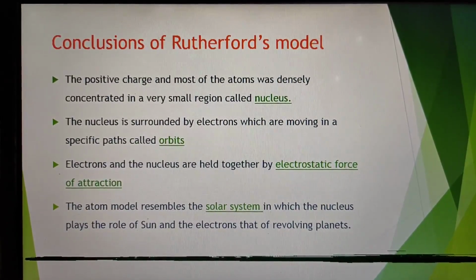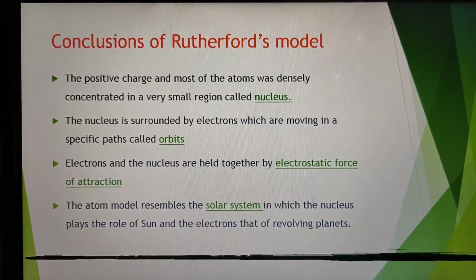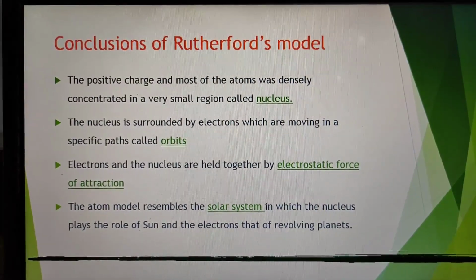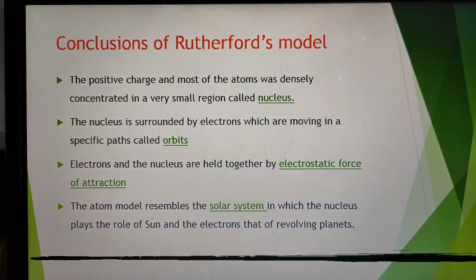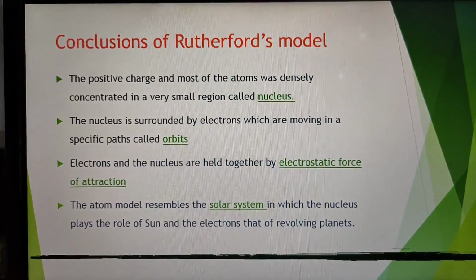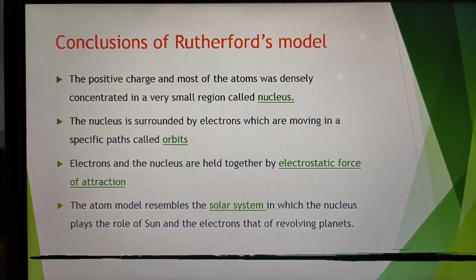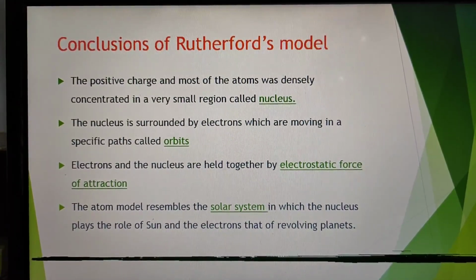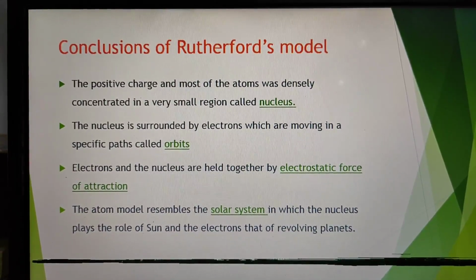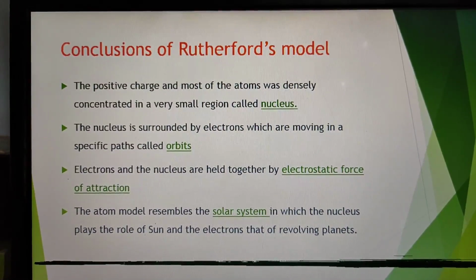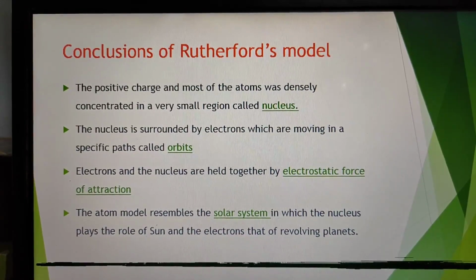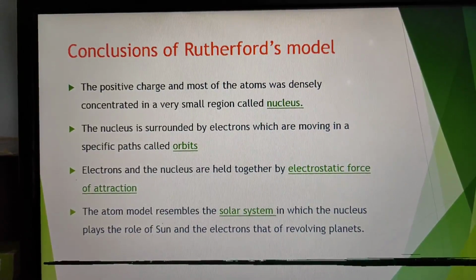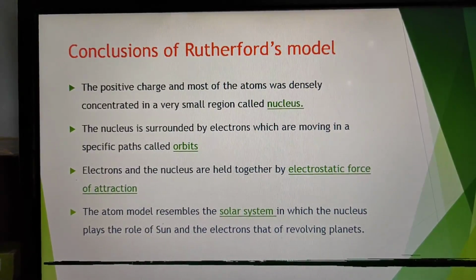The second point is the nucleus is surrounded by electrons which are moving in specific paths called orbits. The third point is electrons and the nucleus are held together by electrostatic force of attraction. So the electrons are revolving around the nucleus in some specific orbits, and they are held there by Coulomb's attractive force. And the atom model resembles the solar system.